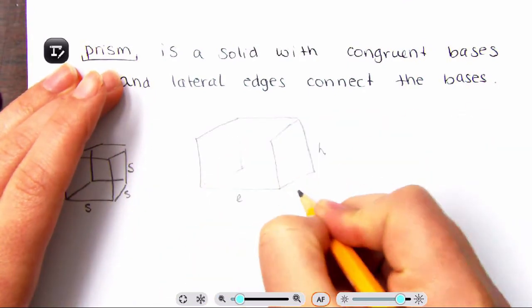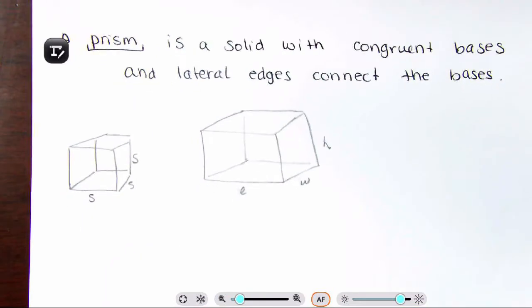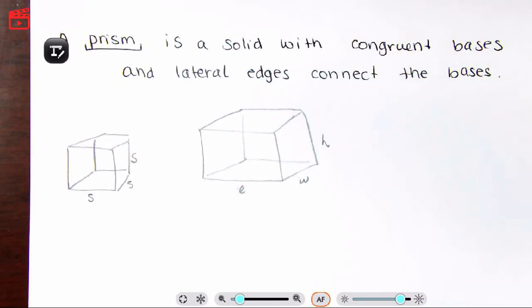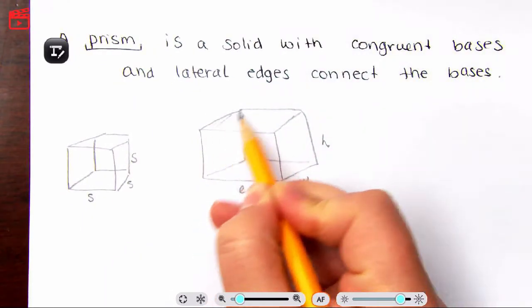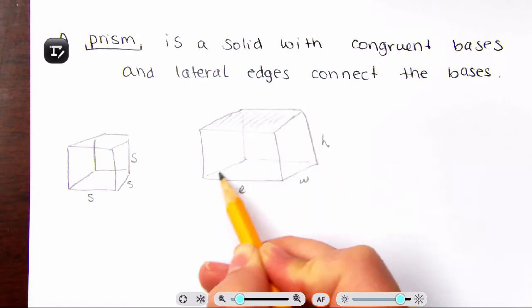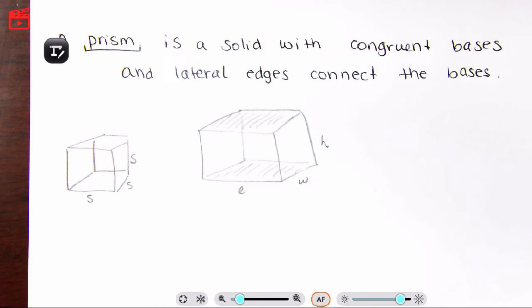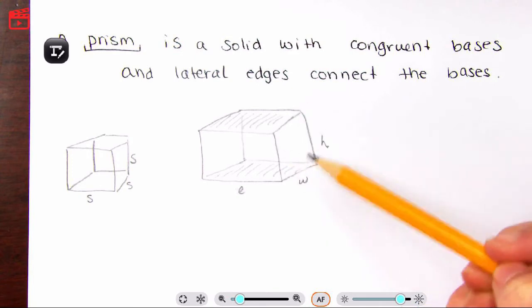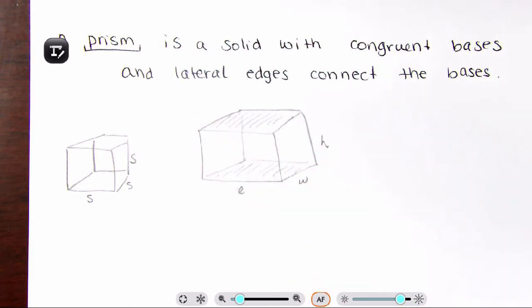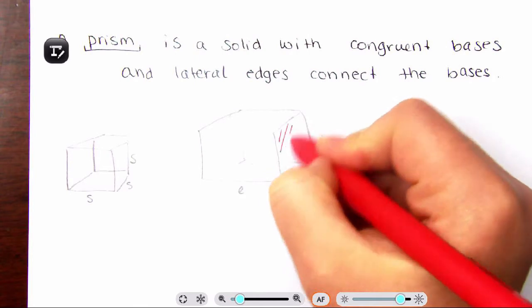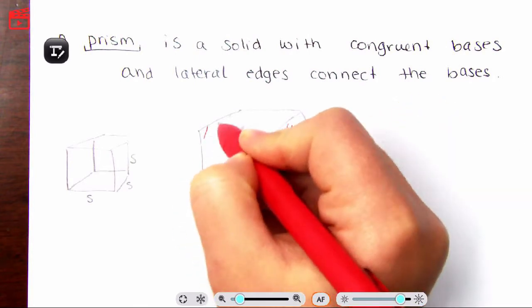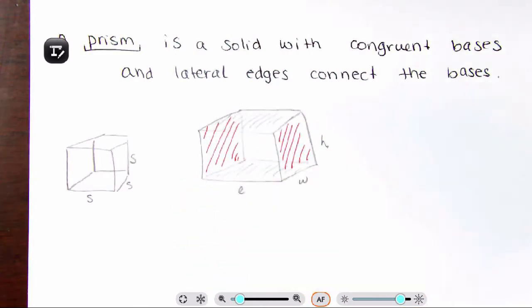So if this is the length, this is the width, this is the height, we have that. So let's call this the base. So you have a base on top and you have a base on the bottom. And it's super important that we identify what the base is. Again, the base does not have to be on the bottom. If we wanted to call these two on the side base, we can. So if we wanted to call this one a base and this one a base, we can.